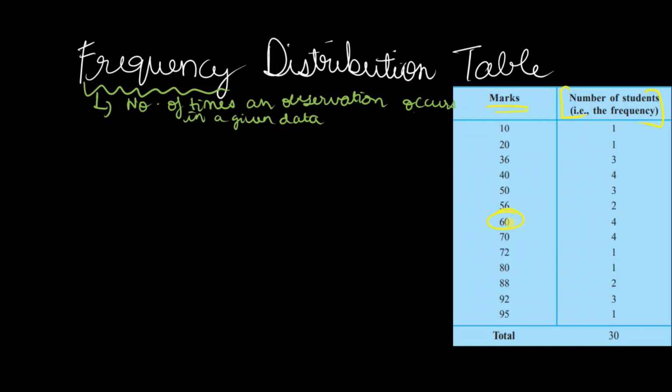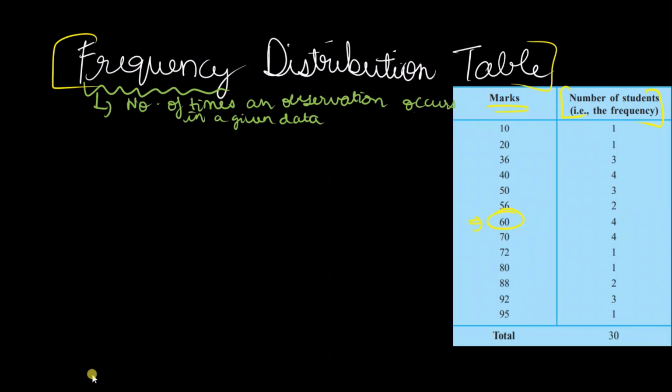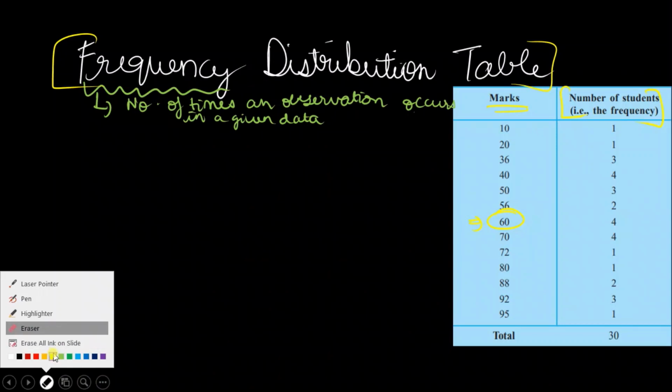So 4 is the frequency of this particular number, that is 60. Understood what is frequency? Now what is a frequency distribution table? Let me tell you the definition. A frequency table or frequency distribution table is the table in which numerical data for a particular variate with their frequency is shown.